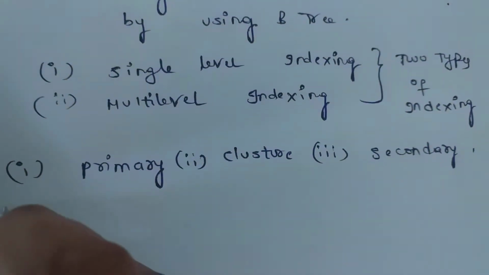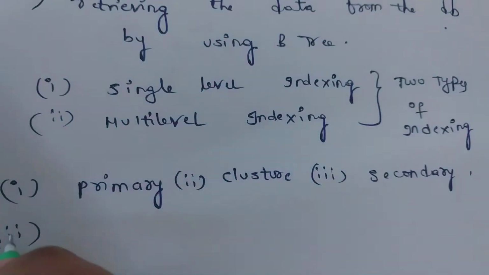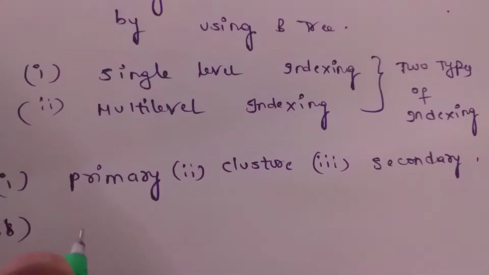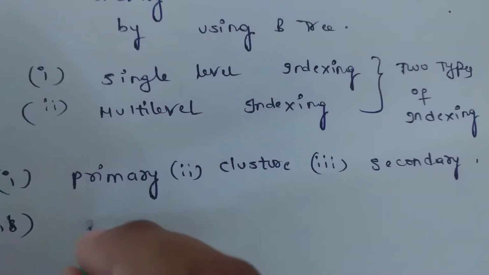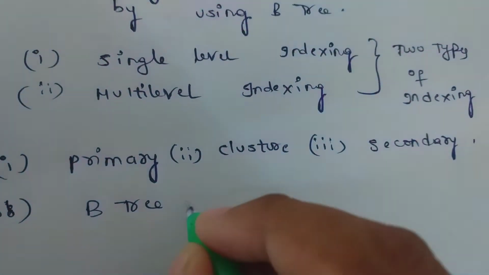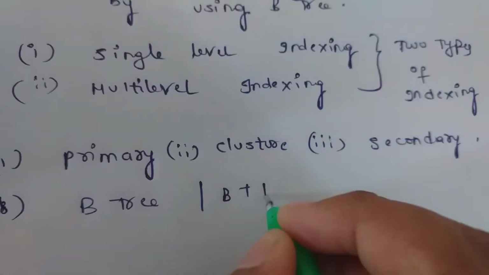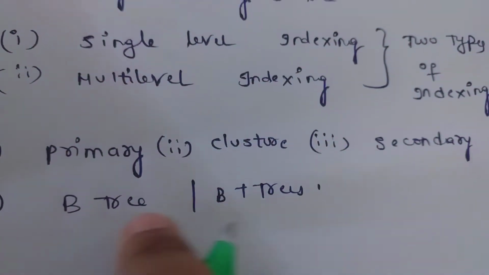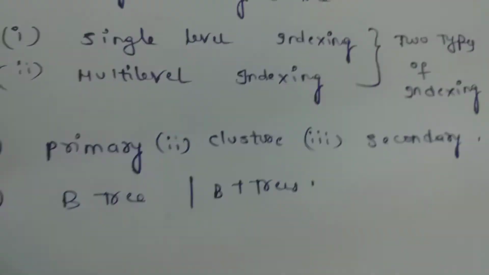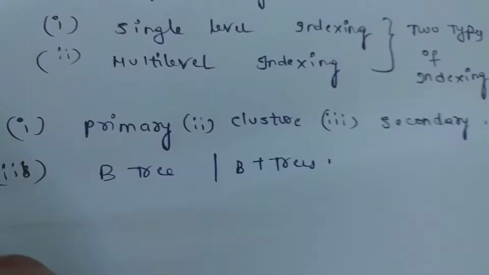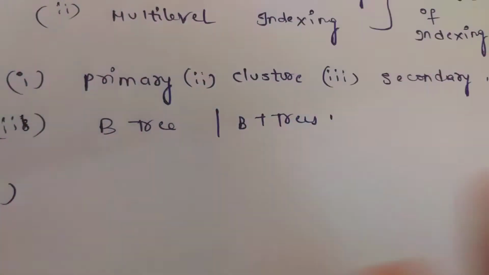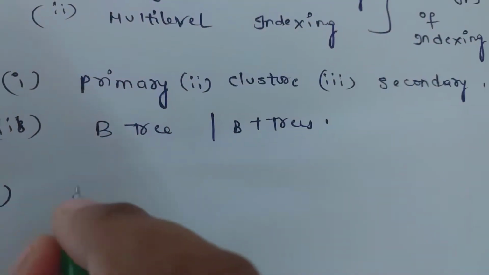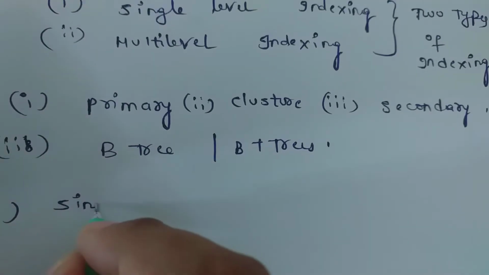In multi-level indexing, we have two types: first one, B tree, and second one, B plus tree. First, we have to explain the first one, single level indexing.